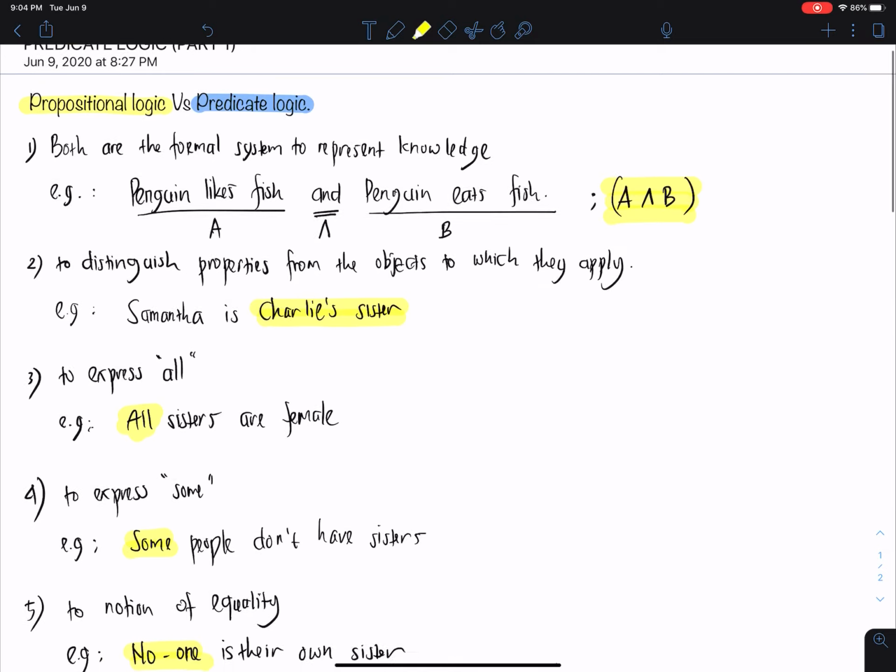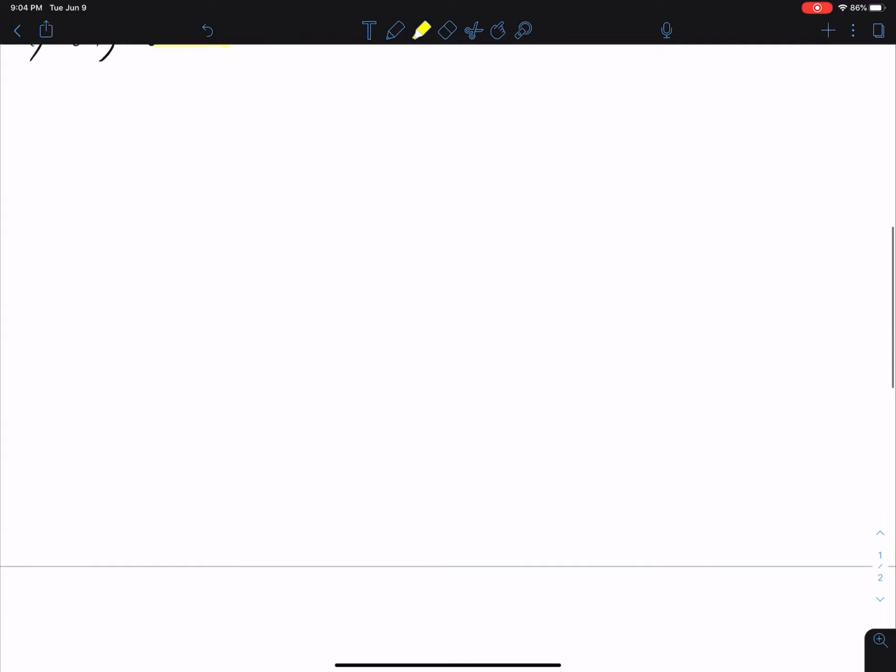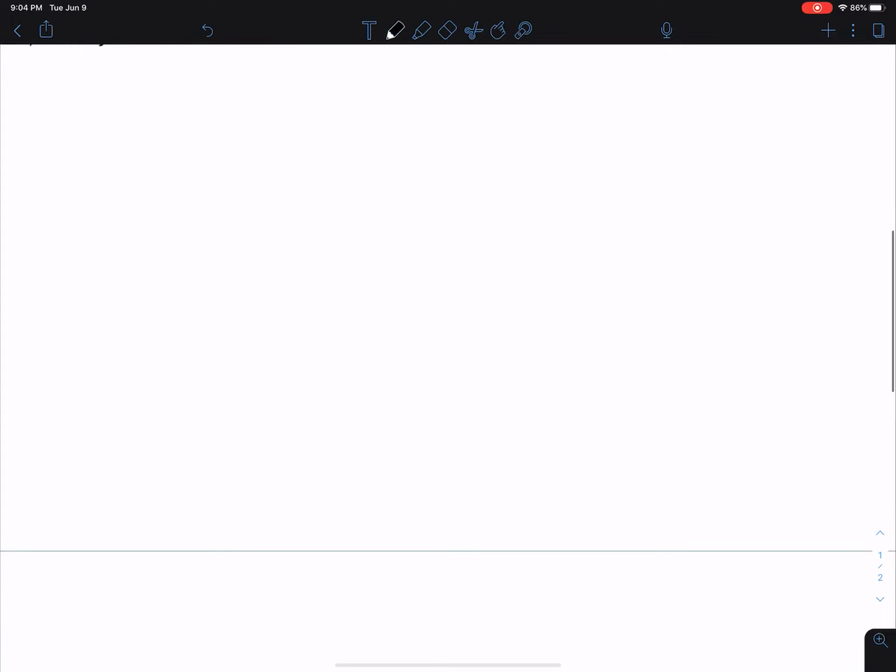So in general, what does predicate logic have? First, we can have variables. We will explain this one further later on, like x, y, z.